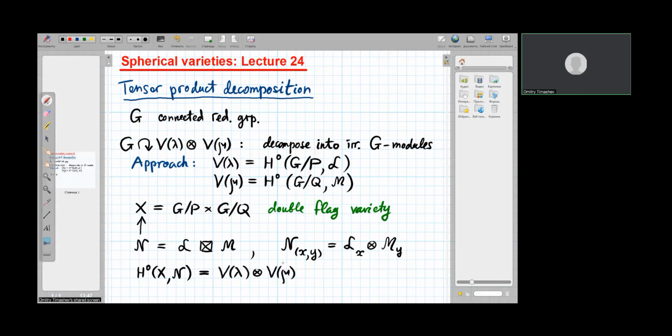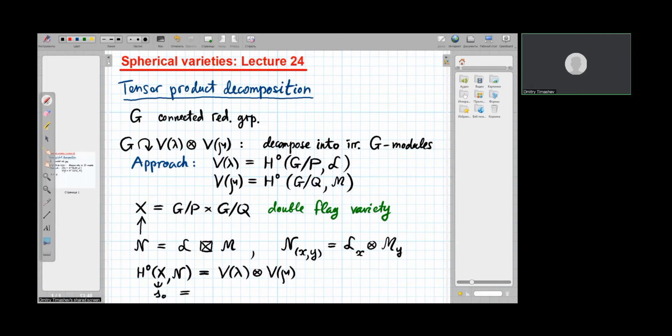And in this tensor product, we have a highest weight vector. In this space of sections of this line bundle, which is the tensor product of two other spaces of sections, we have a highest weight vector s naught, which is just the tensor product of the highest weight vectors in here and in here.